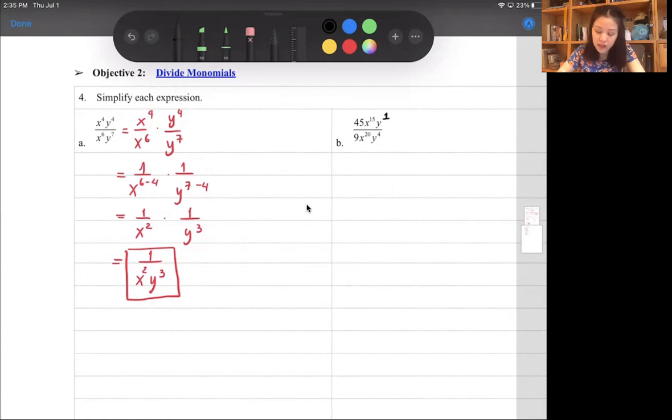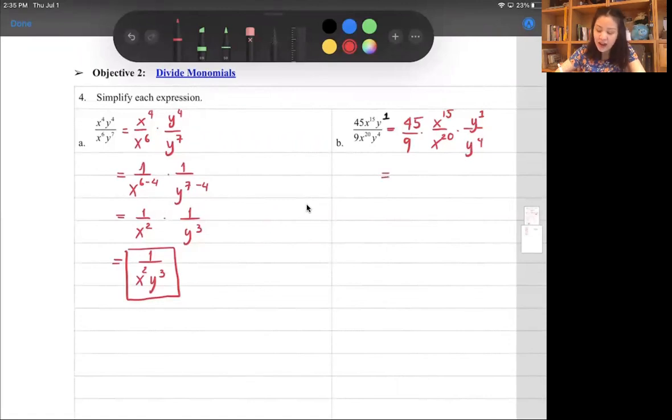Again, I'm going to do the same thing as I did in problem A. I'm going to break it into smaller fractions: the constant with the constant, the x with the x, and the y with the y. So 45 divided by 9 times x to the 15 divided by x to the 20 times y to the 1st divided by y to the 4.